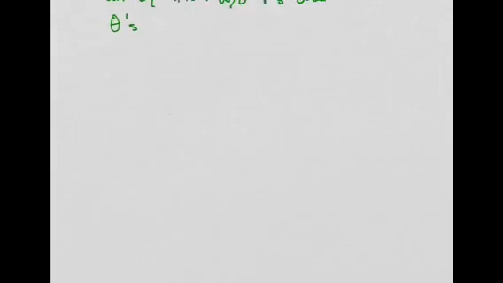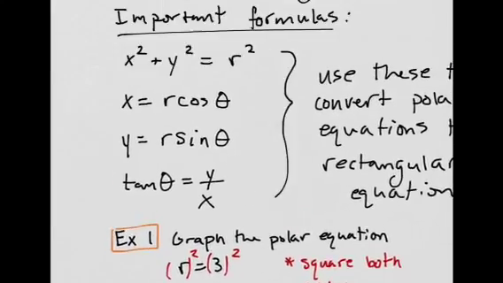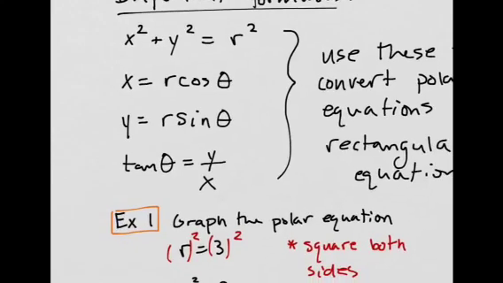Example 2. Here we have theta equals pi over 4. Same idea as last time. I'm going to look at my important formulas. Because here I have a theta, I might be able to use that. If I were to use this, though, I might still have an r variable in there, so that won't actually help me.